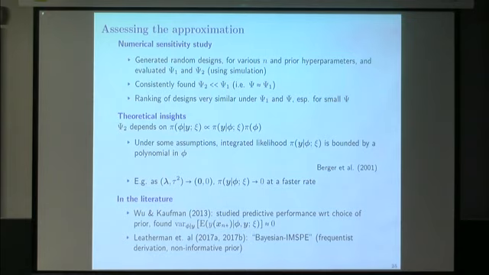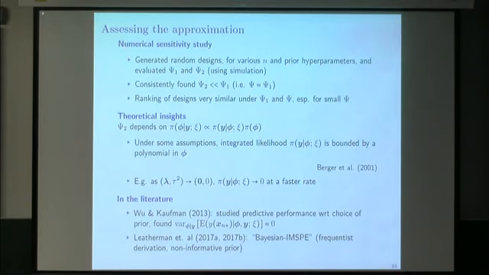Under some assumptions, the integrated likelihood is bounded by a polynomial of the correlation parameters. So for the case of lambda and tau squared going to 0, where we have high correlation, the integrated likelihood goes to 0 at a faster rate.